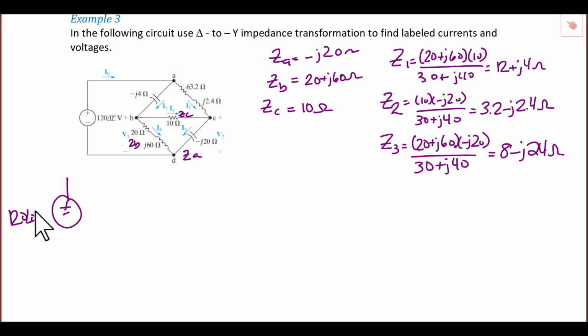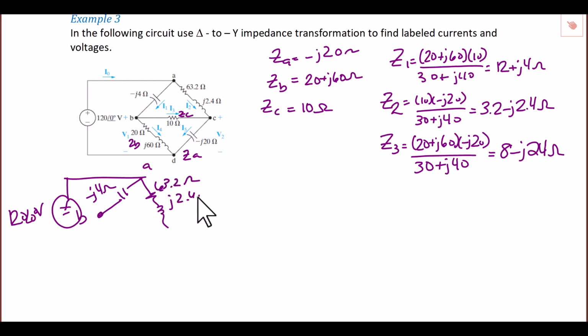So next we will redraw the circuit by replacing that bottom delta with a Y. So everything at the top is copied as is, where we label the top node A, the left node B, the right node C, because those node labels still stand.